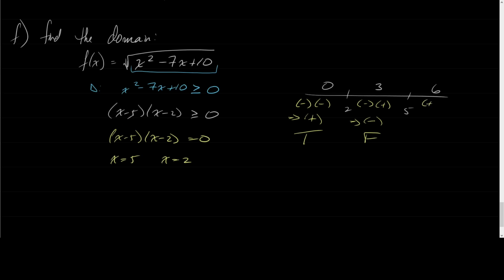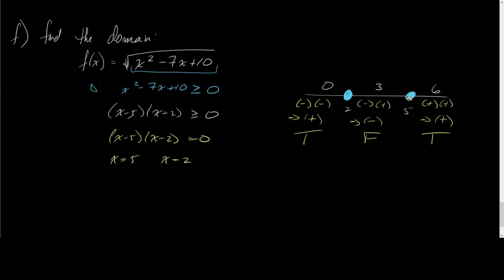Plug in 6. 6 minus 5, positive. 6 minus 2, positive. Positive times a positive is positive. Is a positive greater than or equal to 0? Yes, it is. So in here, do we care about these values, the 2 and the 5? Well, we do because of the or equal to. So we're going to circle those in.